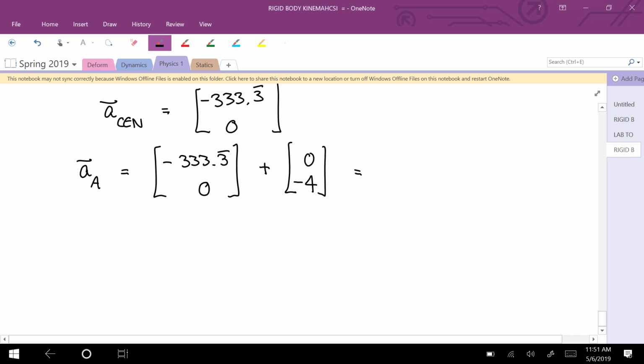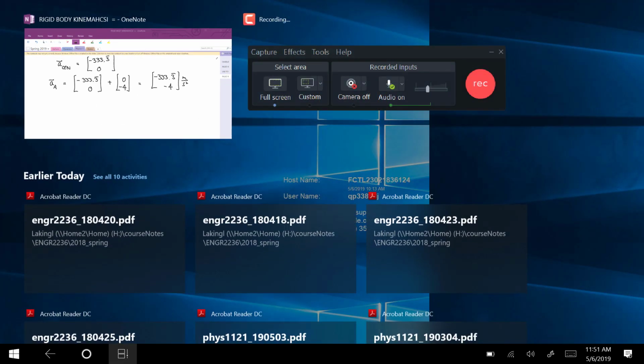And so the total acceleration is negative 333.3 repeating, negative 4 meters per second squared. Any other questions about that one? Okay, that's it.